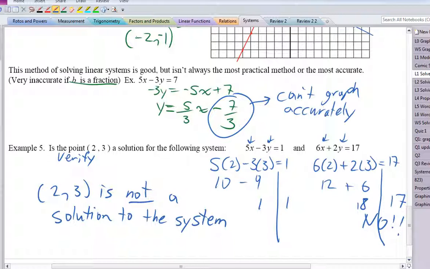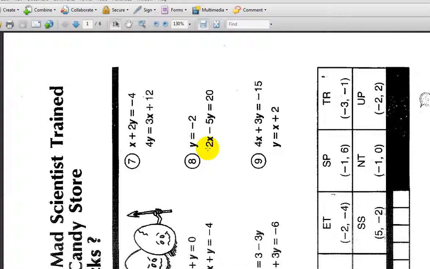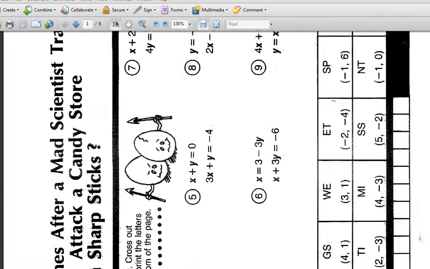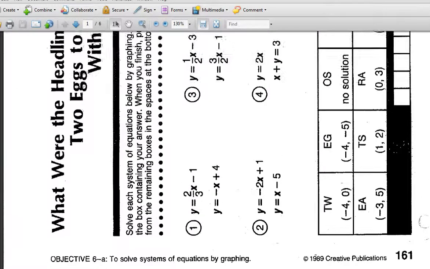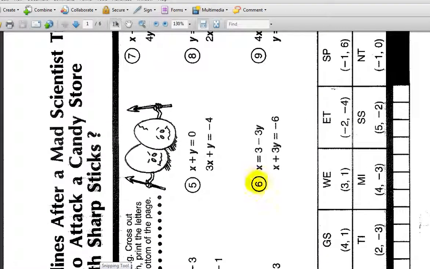Good. So, your homework today, if you have a look at it, you're welcome to rip it out. Now, most of these are y equals. So I wouldn't do axes intercepts until you get to like question 5 and 6.